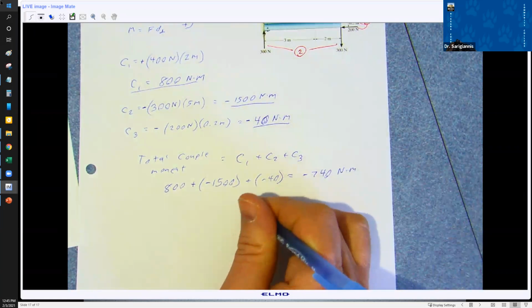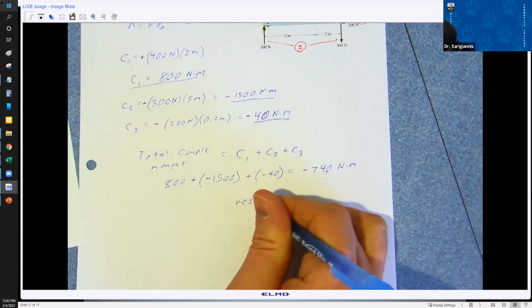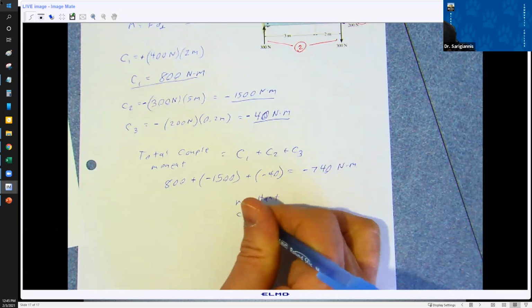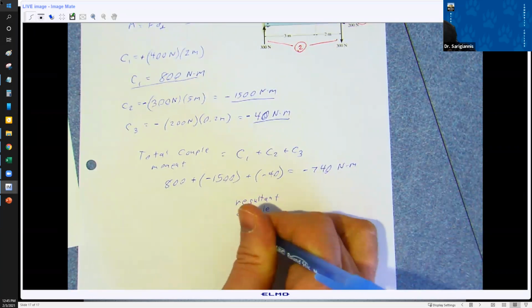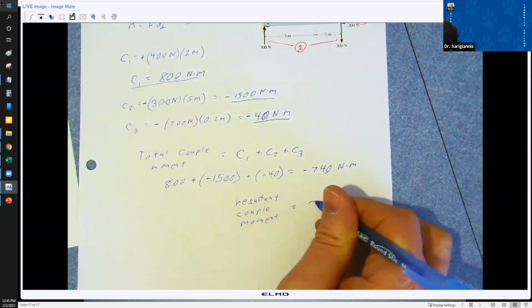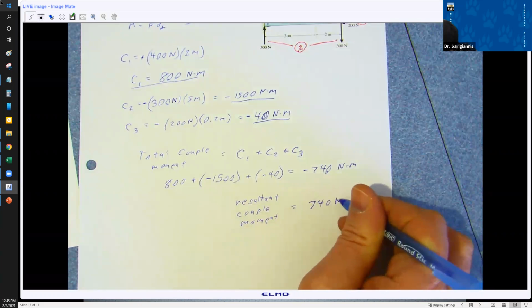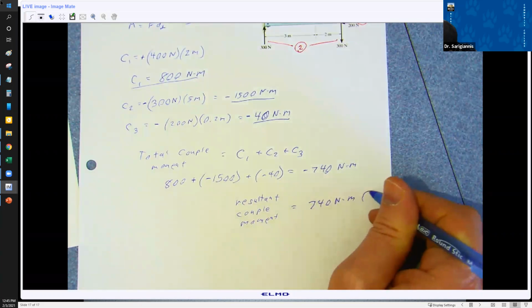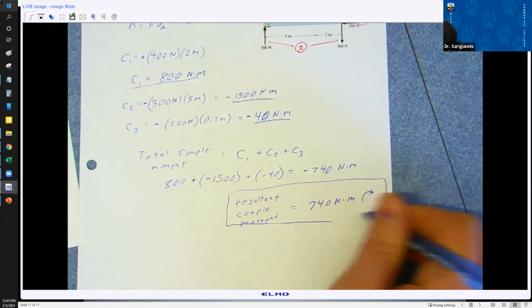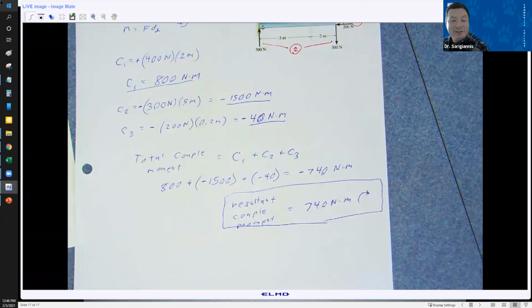So we can say the resultant couple moment is equal to 740 Newton meters clockwise. Oh, I cut my answer off.